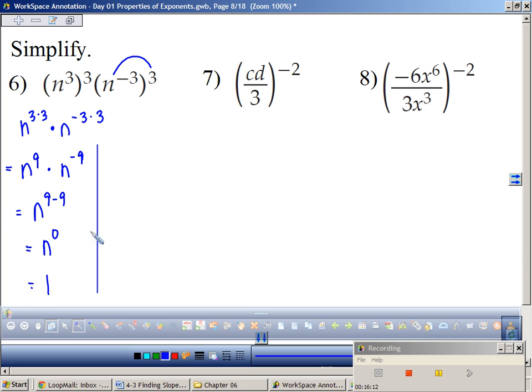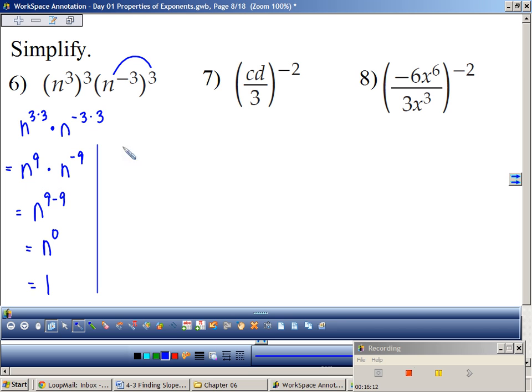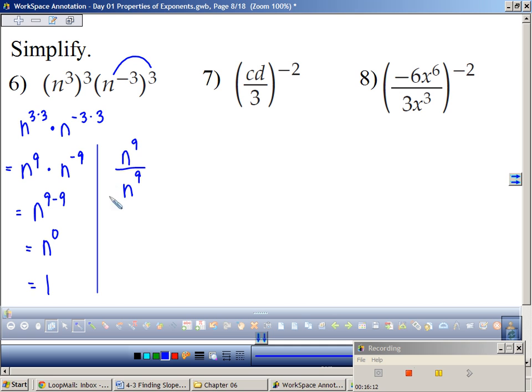Here's the proof of that. n to the 9th looks like this. n to the -9th, negative exponents are positive fractions, right? Well, if I wrote out 9 n's and another 9 n's in the denominator, don't they cancel each other out? Which equals 1. That's why 9 minus 9 equals 0, which is 1.